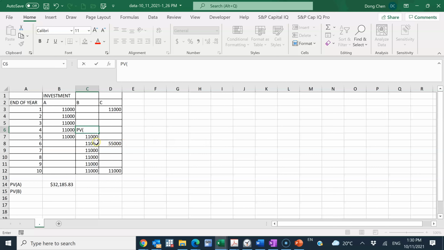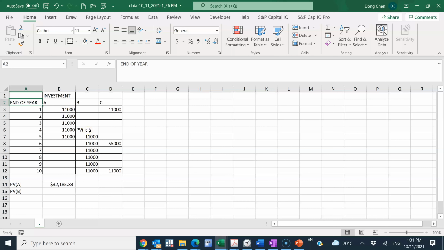So if we want to use the annuity formula here, we need to remember that the present value we're calculating for investment B actually refers to the present value at year 4, because relative to year 4, year 5 becomes year 1, right? Similar to investment A, what we are actually calculating is year 0. It's the point where we are standing. So year 1 becomes 1 year later, and then we can use the present value formula to calculate the present value of investment A.